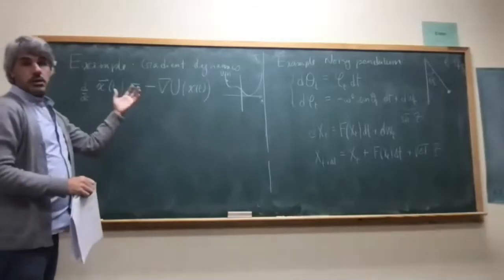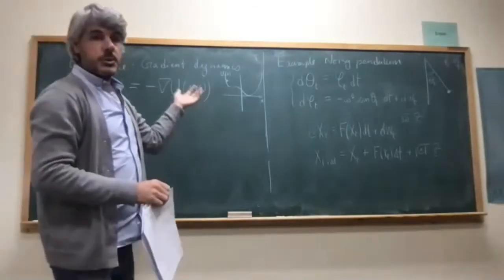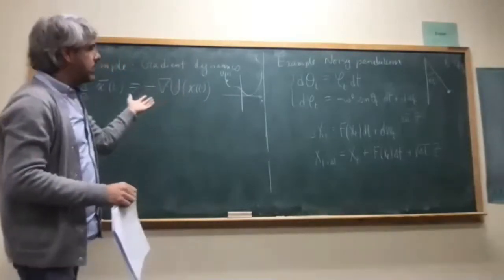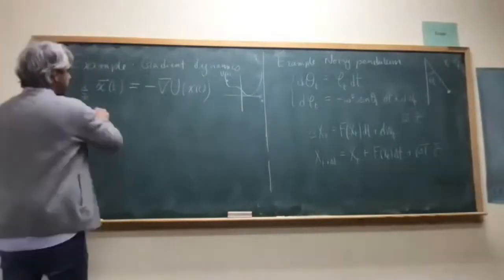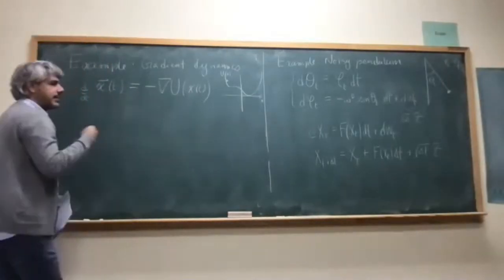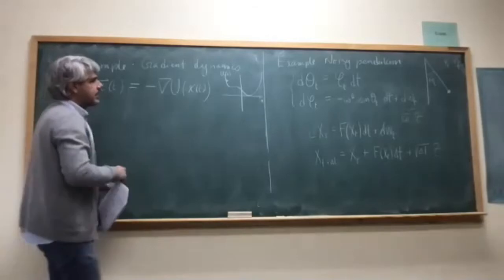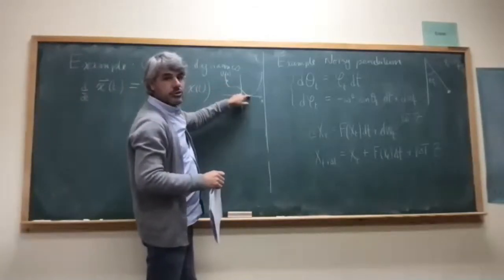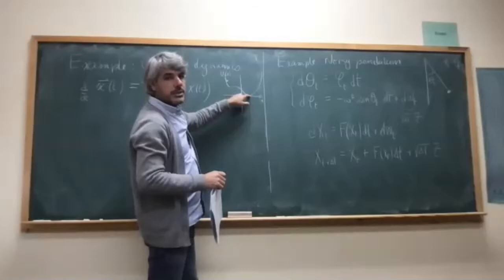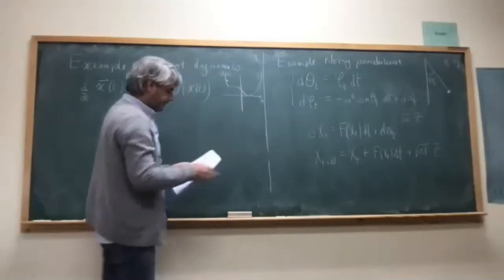This is used actually in physics to model some systems, but it's used a lot in numerical simulations to find minima of functions. Because if you write down this dynamics and then you start simulating the dynamics, since it goes down, if you have a minima, then it'll get trapped there because the gradient will be 0, and so you stay there.